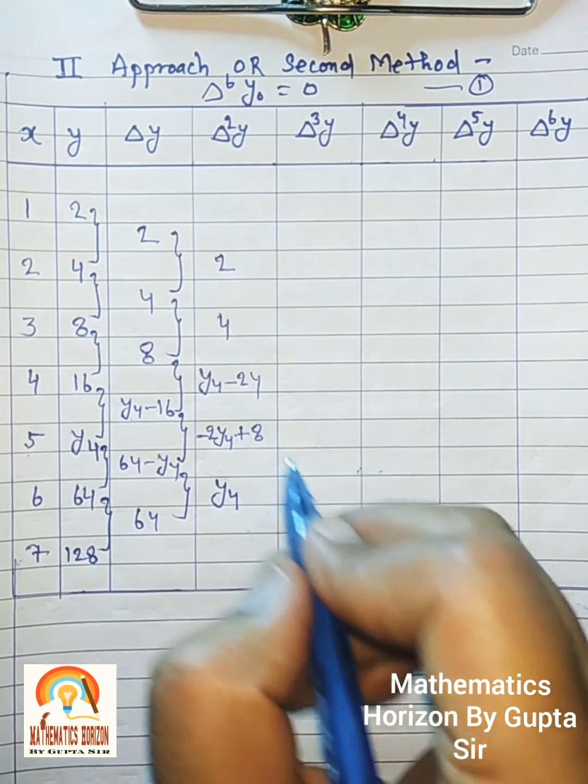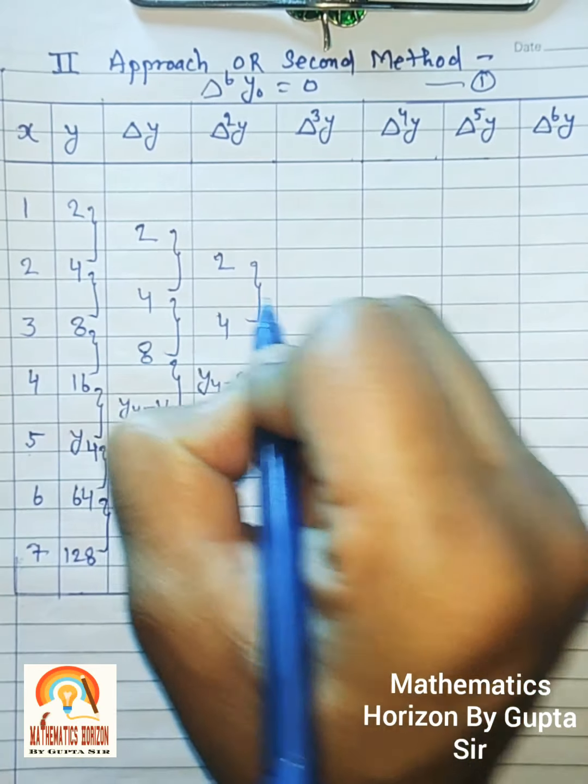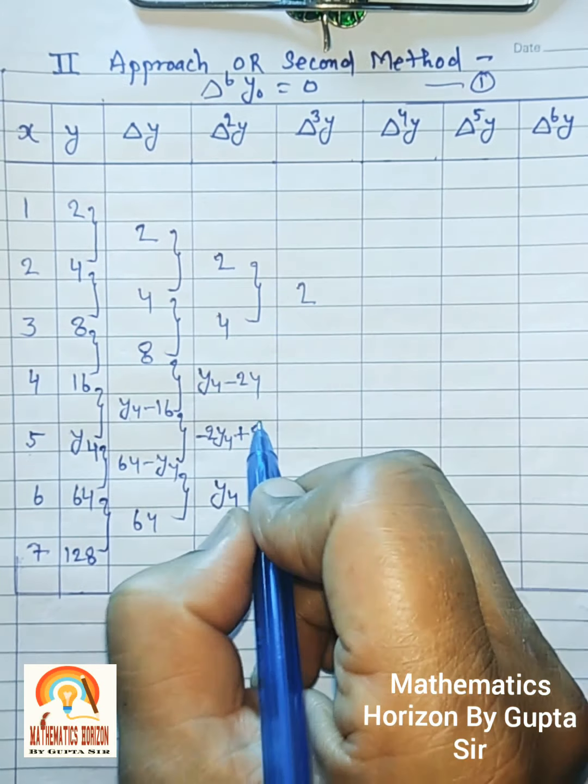These are the differences of second order. Now we calculate differences of third order, that is 4 minus 2 is 2.